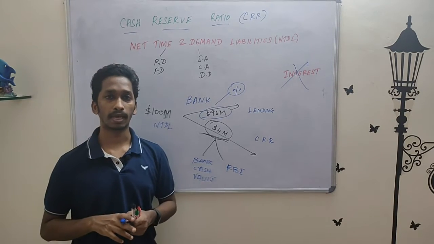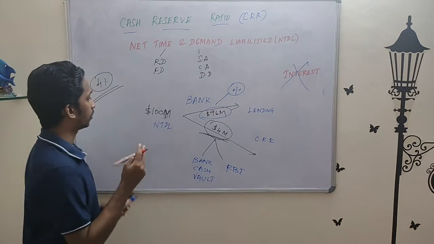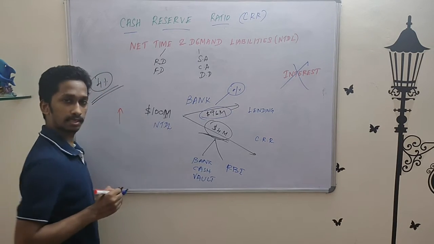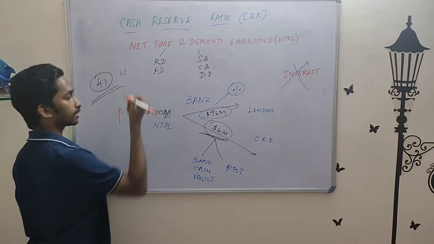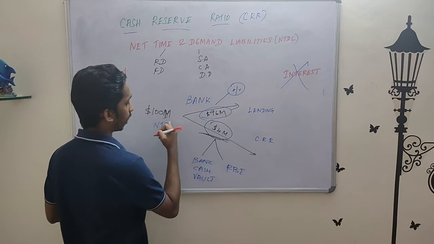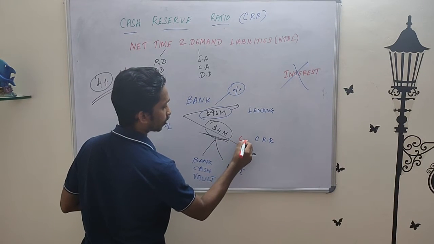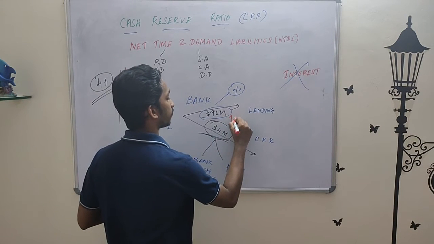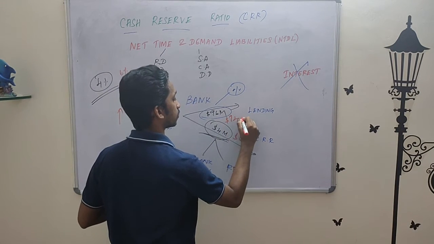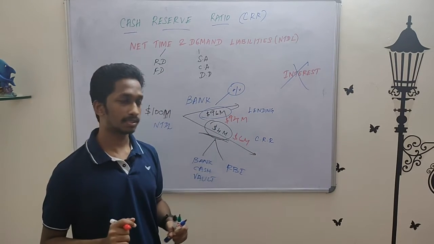Now what would happen if CRR is increased or decreased? It's pretty simple. If your CRR is increased from 4% to say 6%, it means that out of the 100 million, the banks would have 6 million in CRR and only 94 million for lending. What does this mean?